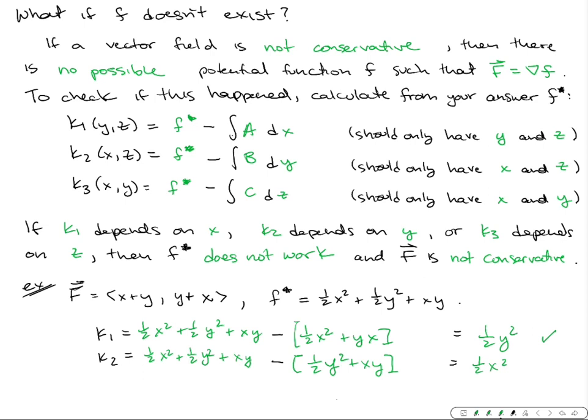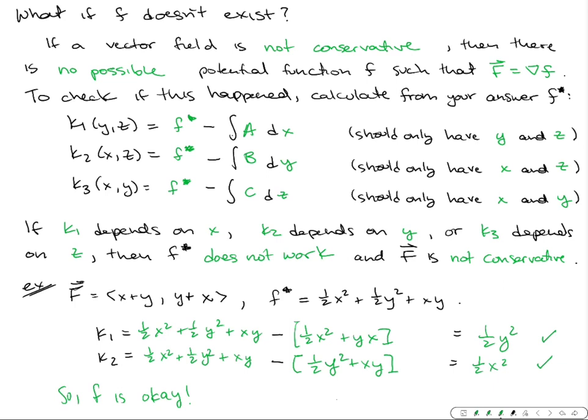That's a function of x. It doesn't depend on y, so we're okay. So K1 doesn't depend on x, and K2 doesn't depend on y. Our potential function f works, and F is conservative.